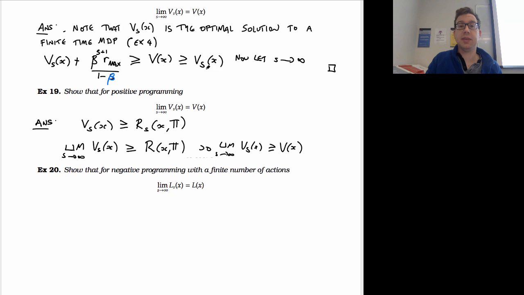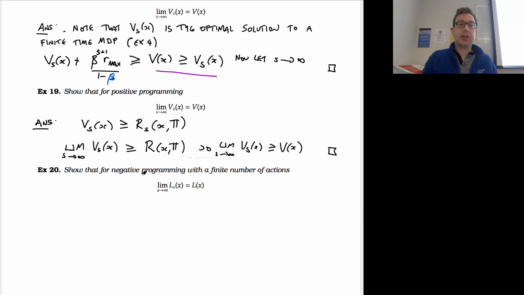So this exact same expression holds for positive programming as well. So that gives the result here also. That's that done.